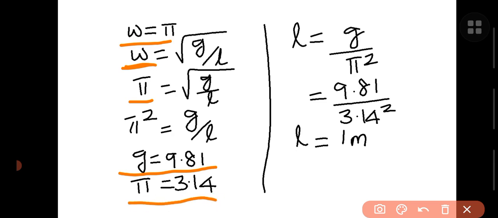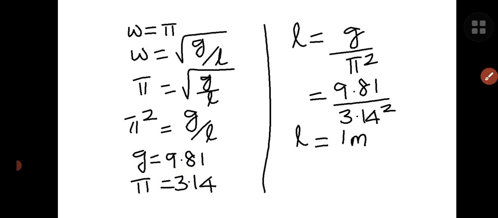The value of pi is equal to 3.14. Substituting in the equation L equal to g by pi square. So g is 9.81, pi square is 3.14 square. As a result, we get L equal to 1 meter. That means both the numerator and denominator have the same value. So L equal to 1 meter, that is the answer.